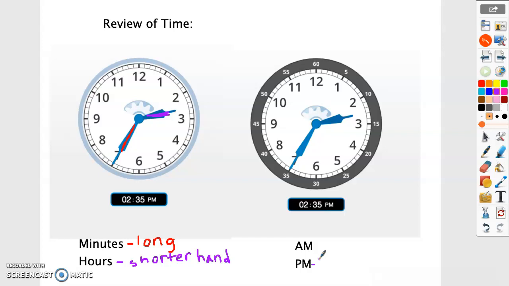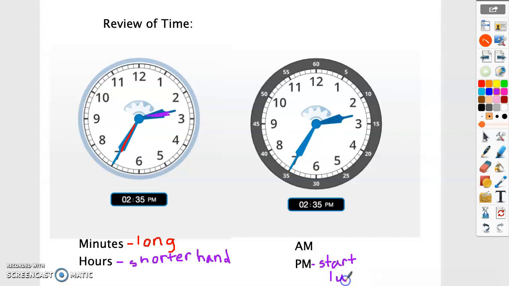We're going to see this on our minute hand when we look at our second clock. But PM usually starts at lunchtime, and PM will go all the way through into 12 midnight.